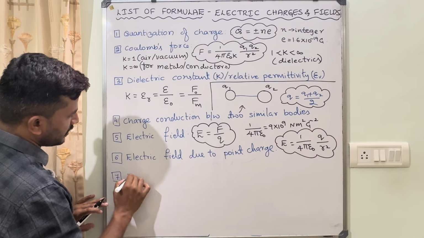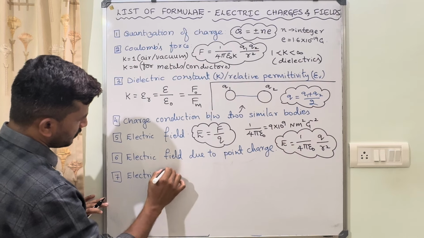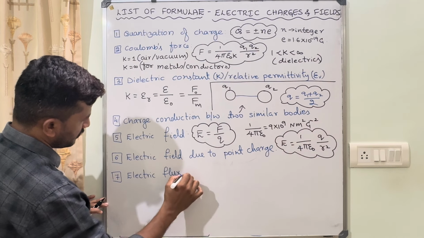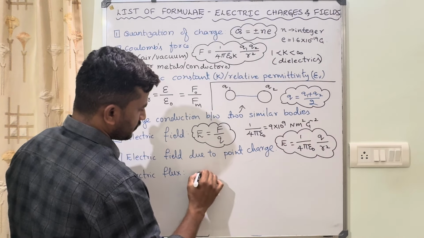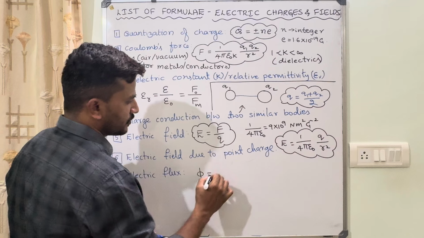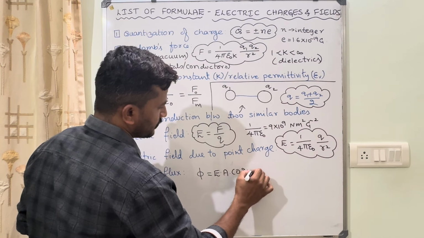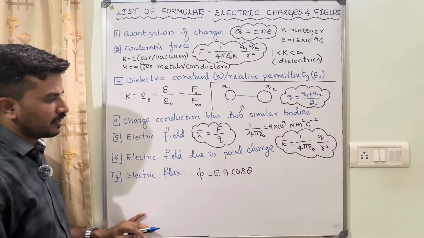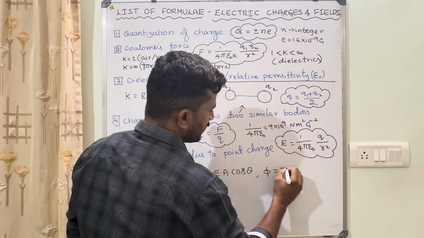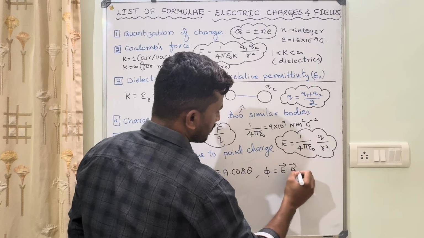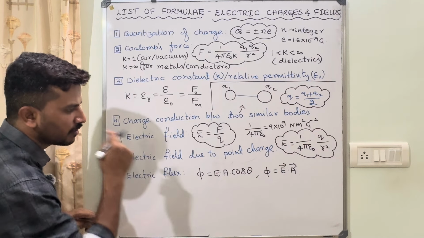Next, we have electric flux. Electric flux is given by phi is equal to E into A into cos theta. Okay, or in dot product, phi is given by E dot A. Sir, what if a very small area is there, and how do you calculate flux?